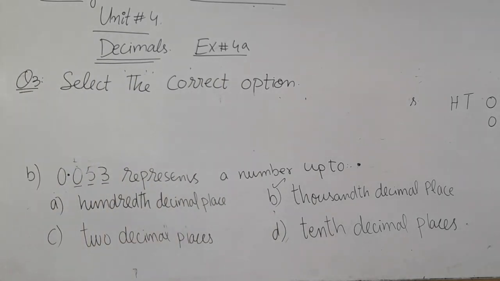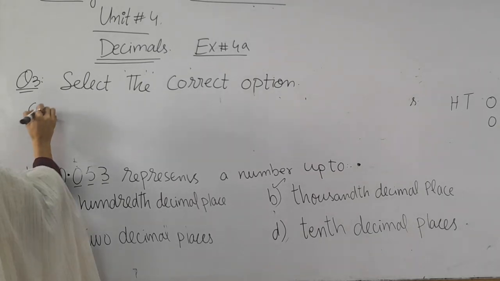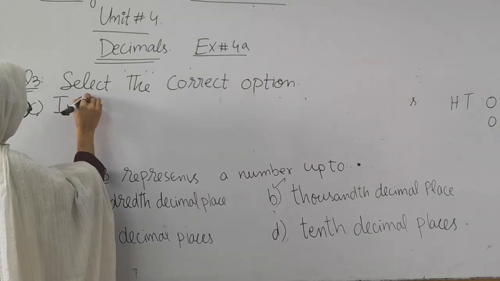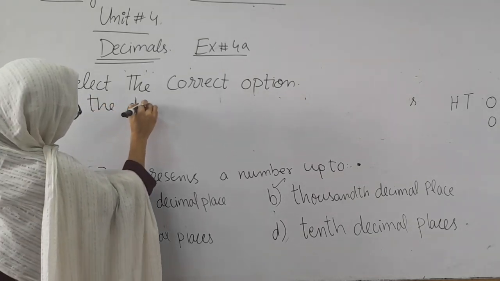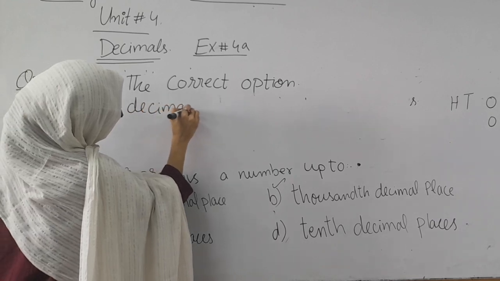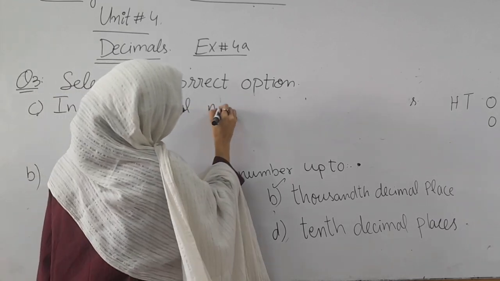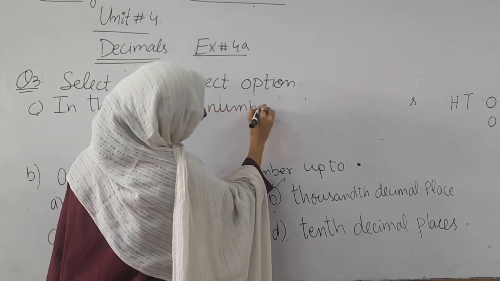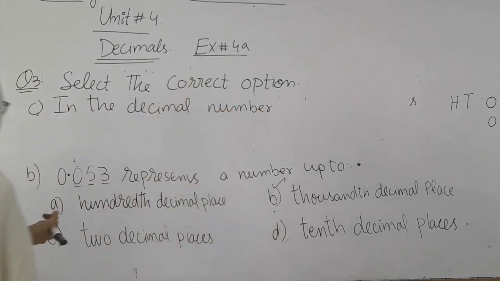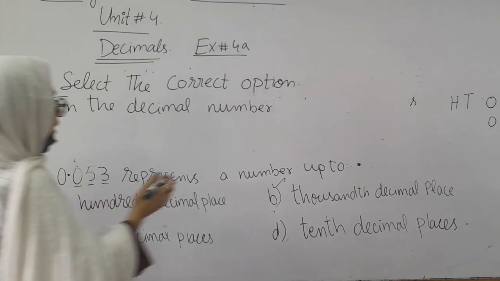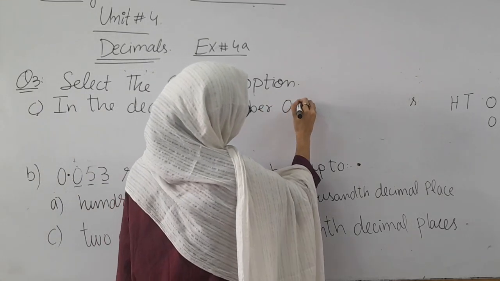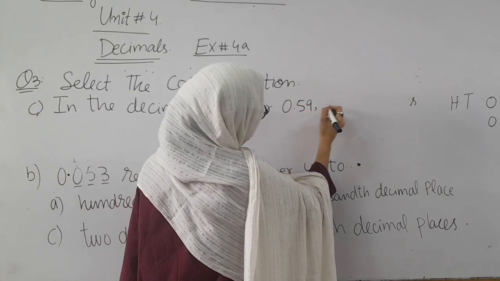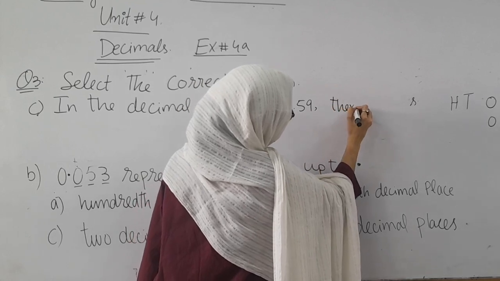Now, in the next question, in the decimal number 0.59, there are.